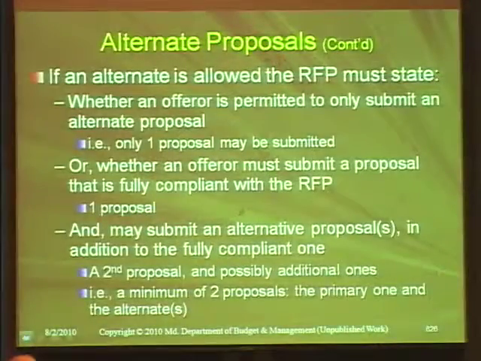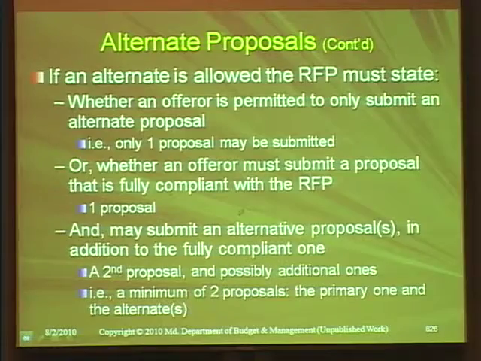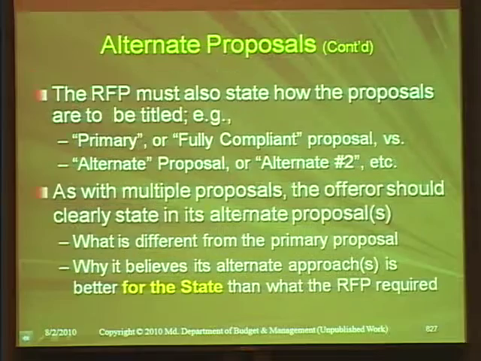Whether it's fully compliant and may submit an alternate in addition to a fully compliant second, etc. The RFP must also state how the proposals are to be titled: primary, fully compliant, alternate 1, alternate 2, just some methodology.